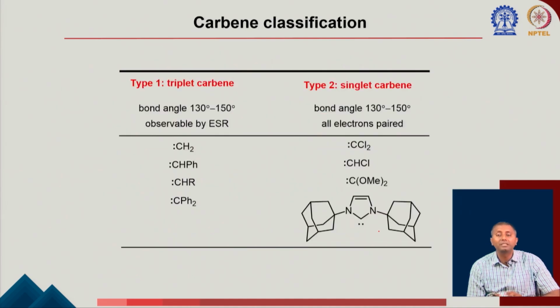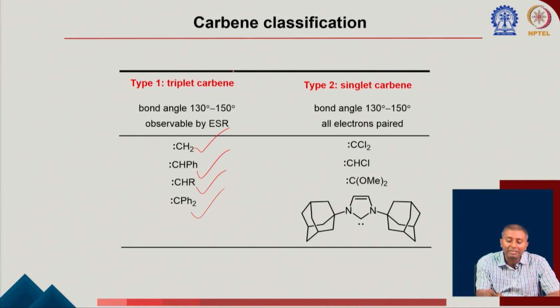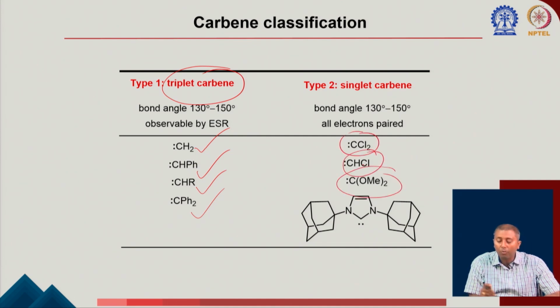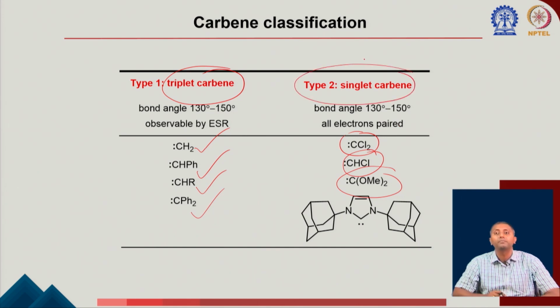Now in general, carbenes like CH2, CHPh, CHR, CPh2 are mostly triplet carbenes. But if you see a group which has non-bonding electrons, like lone pairs, such as CCl2, CHCl or C(OMe)2, or here with a nitrogen next to the carbene, in these cases you can see they form singlet carbenes.